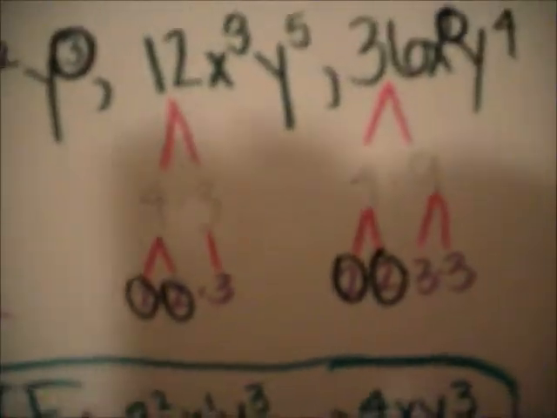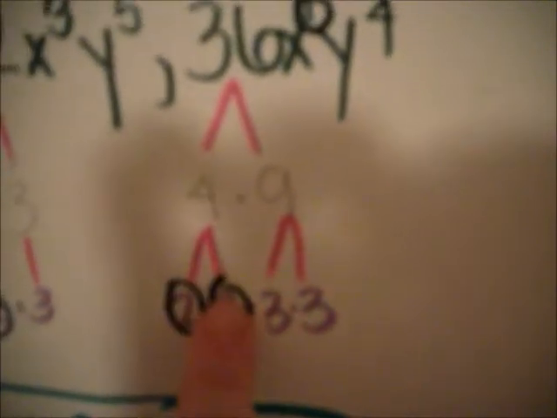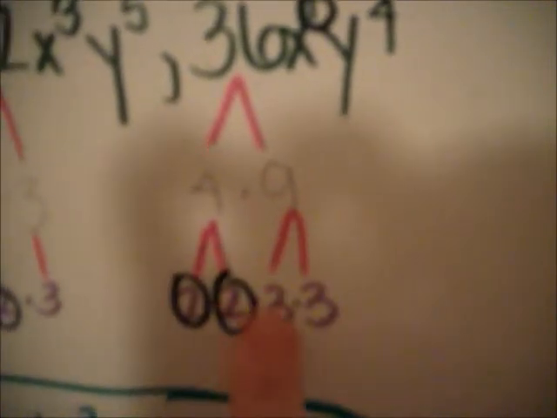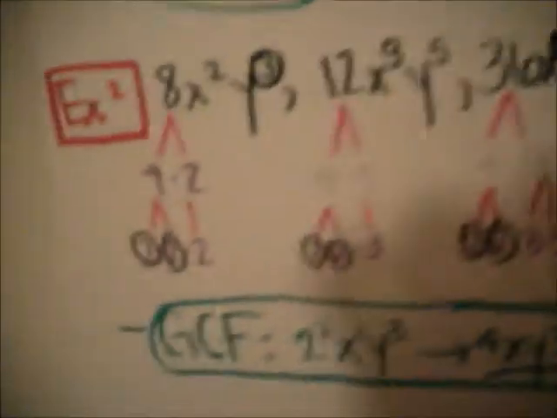12, when I broke it down to 4 times 3, this breaks down to 2 times 2, and 3 is brought down to 3 because it is prime and cannot be broken down anymore. Now with this, I broke 36 down to 4 times 9, and then 4 gets broken down to 2 times 2. 9 gets broken down into 3 times 3, and 3, as I said before, is a prime number, so it cannot be broken down anymore.